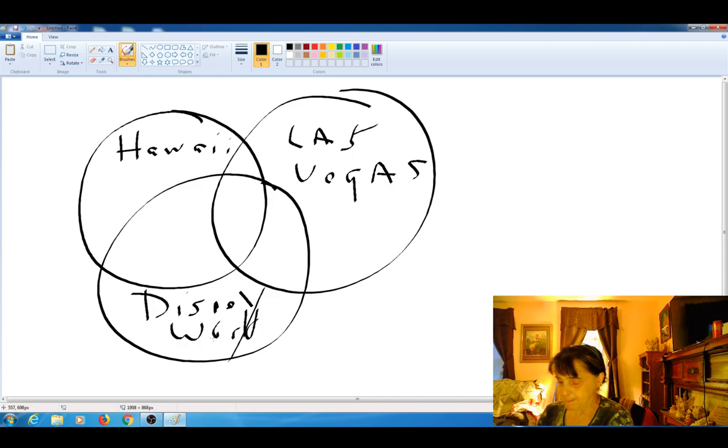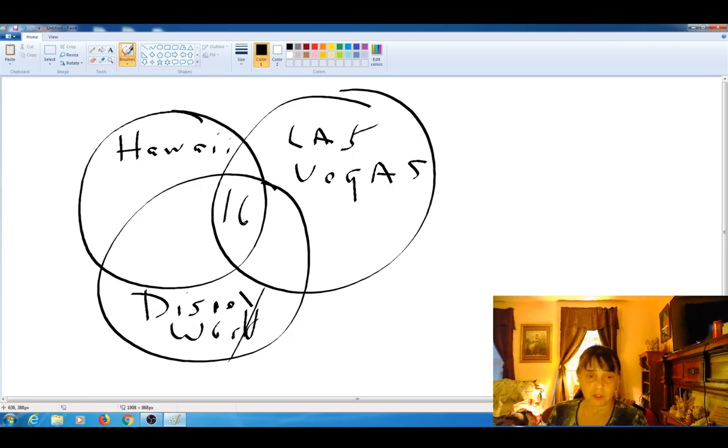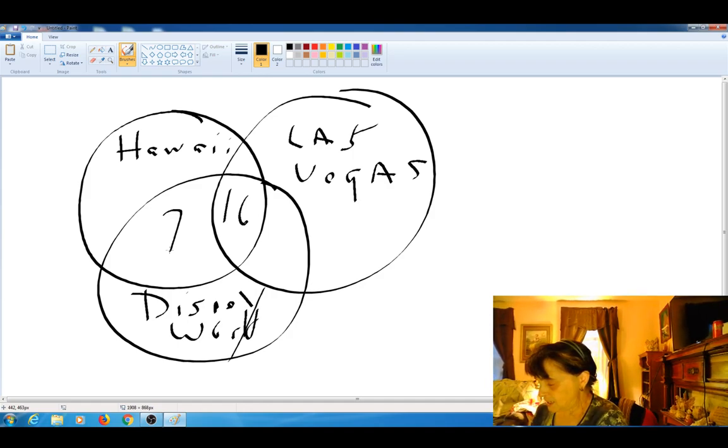Okay, now, 16 wanted to travel to all three places. And then 23 wish to travel to Hawaii and Disney World. So 23 minus 16 is 7. 7 traveled only to Hawaii and Disney World. And 26 to Las Vegas and Disney World. So 26 minus 18 is 8.